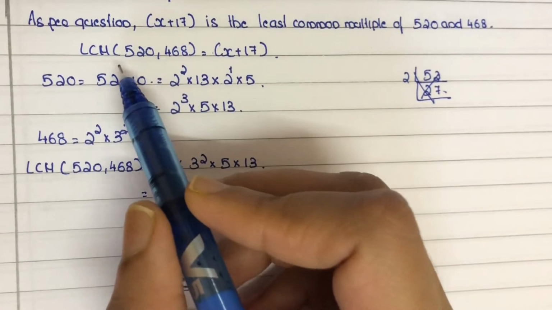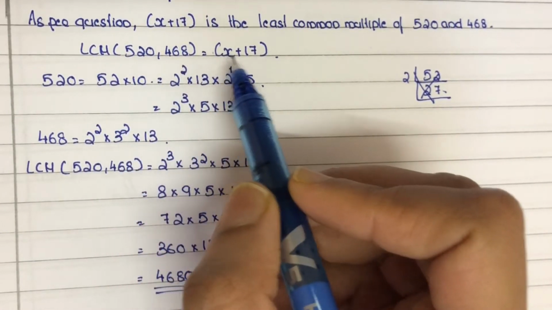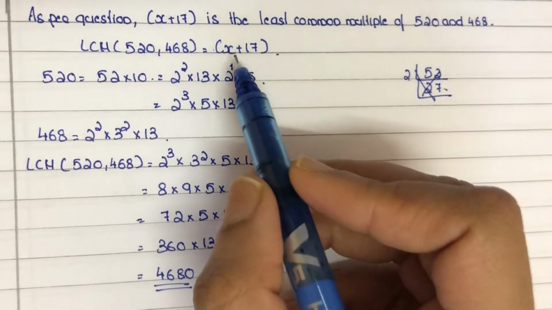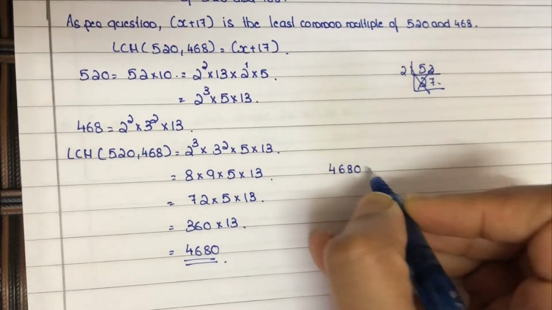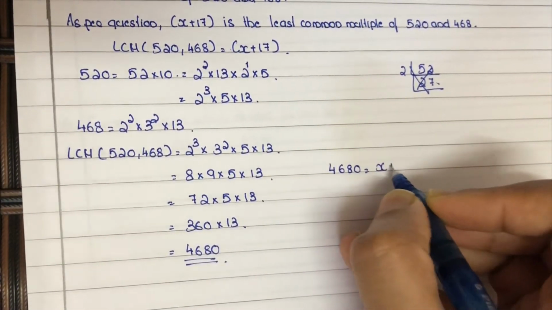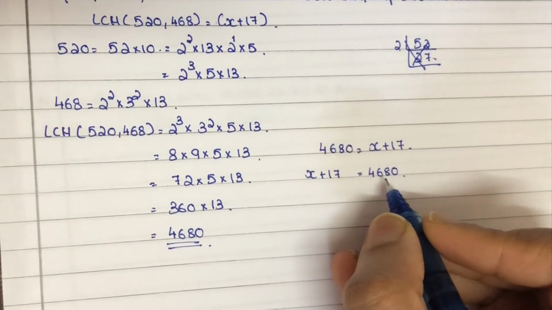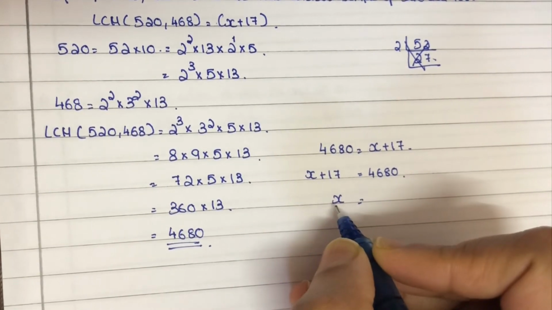We already proved that LCM of 520, 468 equal to x plus 17. That is 4680 equal to x plus 17, or x plus 17 equal to 4680. So x is the smallest number, right?